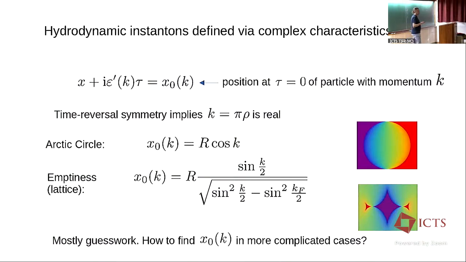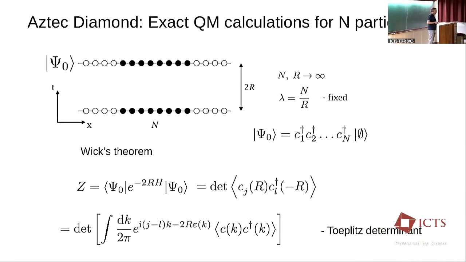Typically, it's quite a difficult problem, because boundary conditions are imposed at, say, the ends of the intervals, and one has to find the optimal configuration at tau equals 0. There is a solution to this problem, at least for these two and some others. Let us do exact fermionic calculations. After all, quantum mechanics was in our curriculum, so we can do this.